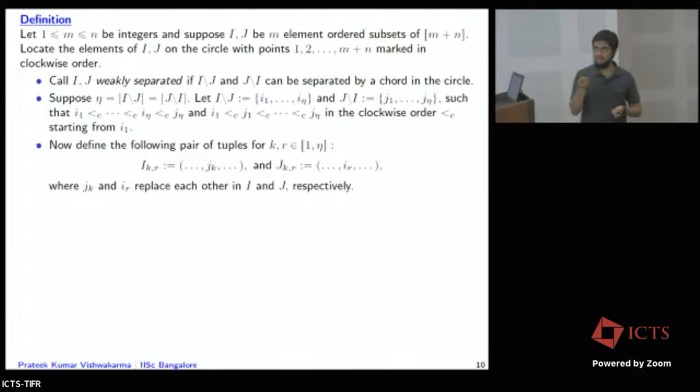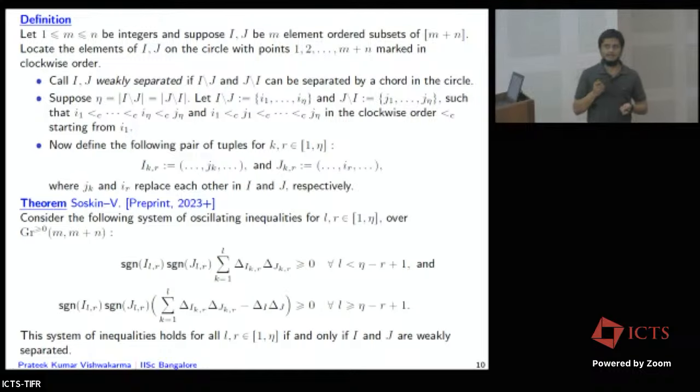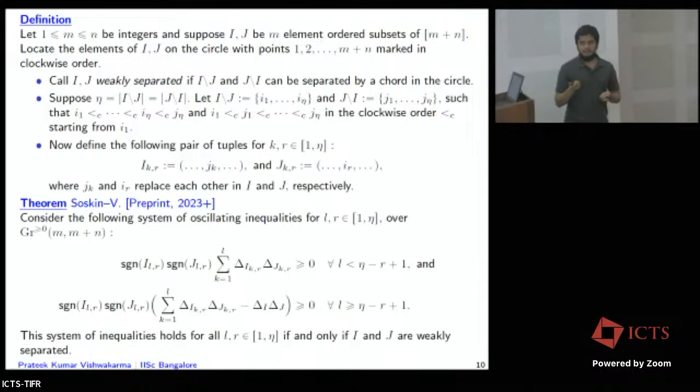Now with this formulation, these are the inequalities that we found, that are true over the totally non-negative Grassmannian. First of all, the midpoint that I talked about is given by index eta minus r plus 1, at which point the delta J term gets introduced to this system of inequalities, and this sign term outside is just to balance out the negative inequalities.